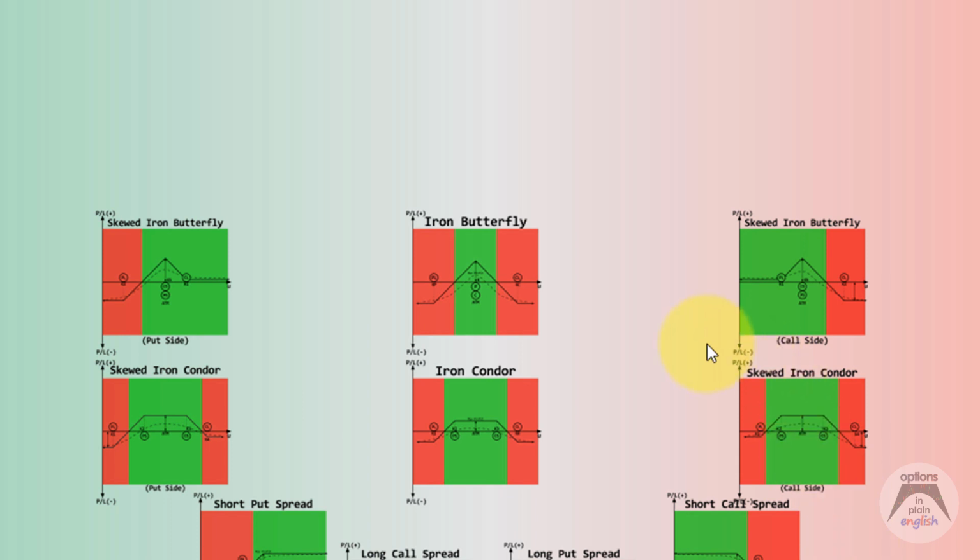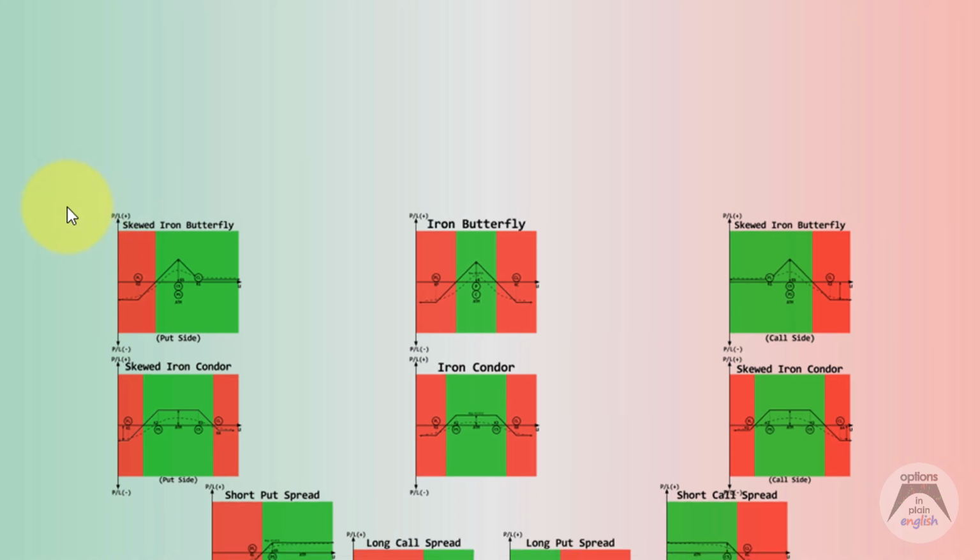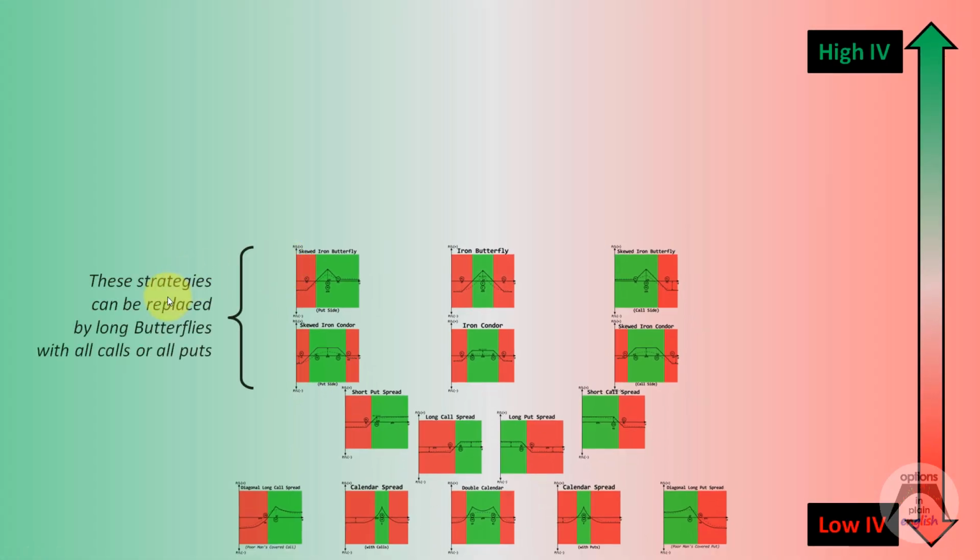It's important to mention that all these iron versions of these strategies can also be replaced with long butterflies with all calls or all puts. So instead of an iron condor, we could have a condor, and instead of an iron fly, we can have a long butterfly, a call butterfly or a put butterfly, and then we can have a broken wing butterfly on the call or the put side, and same with a condor.